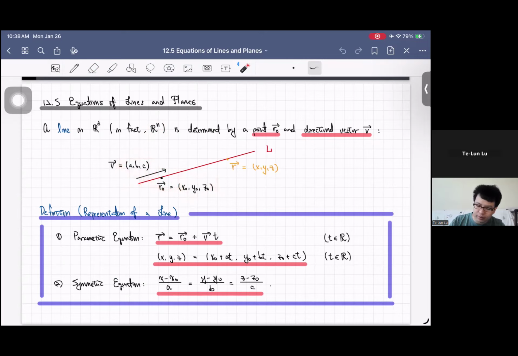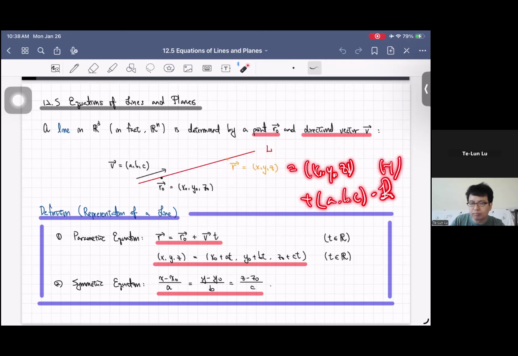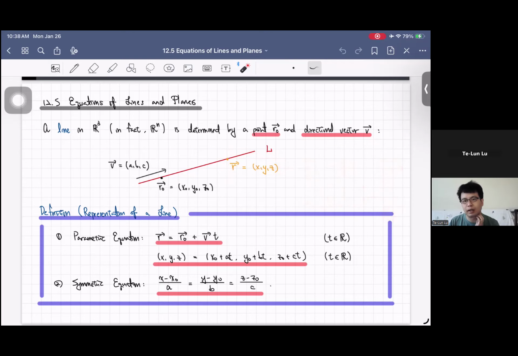So for example, this R(x, y, z) will be x naught, y naught, z naught, adding a, b, c times something like 1 or 2 or minus 1 or minus 2. Basically, a line contains the information of two things, some initial point and some directional vector.